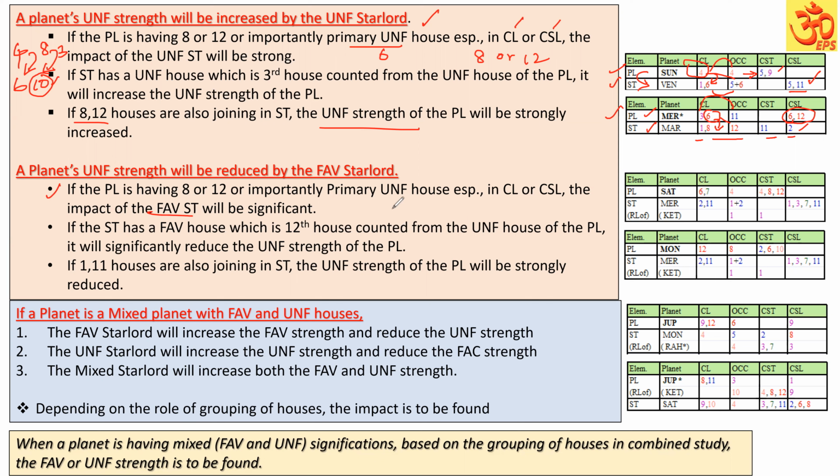Suppose a planet is 8th lord. You can see the combination here. For example, Moon is 12th lord, occupying the 8th house, and the 2, 11, 6 cuspal star lord. This is not good for the marriage prospect. In general, it strongly indicates obstacles to the lagna and for the event, as it has the 12th house and also the 8th house.